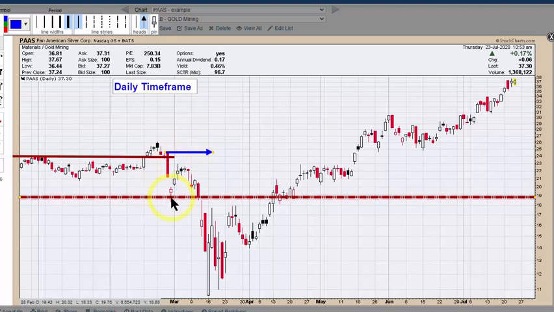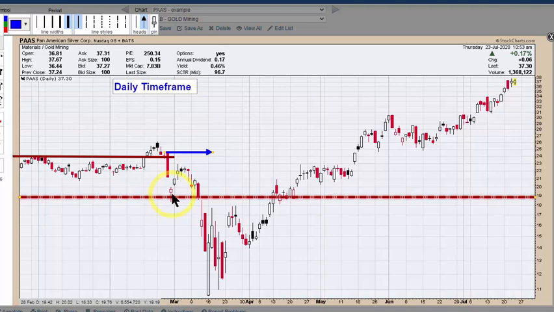So you come down, this wick takes you below support, you're out. Doesn't seem like a lot, but you got in around 24 and you got out around 19. You made $5 in 2 days. It's a good trade. Be happy.